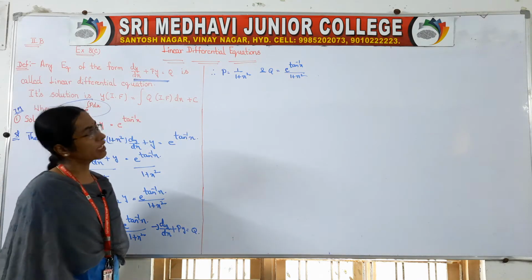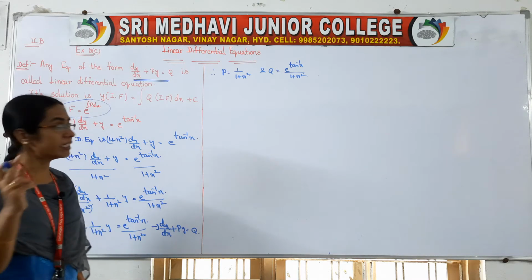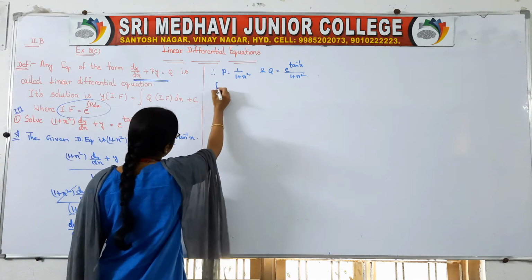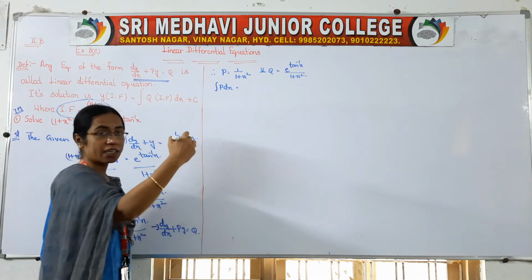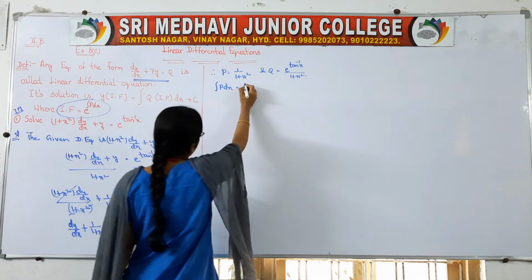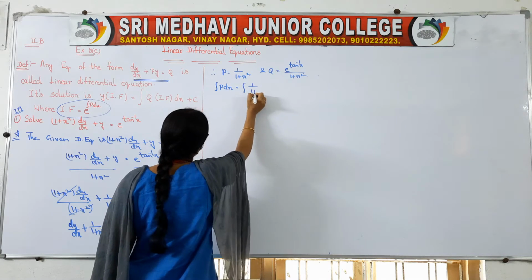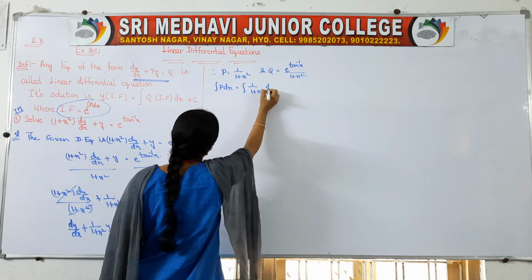Once we got p and q, first you find the integral of p dx so that we can get our integrating factor. So integral 1 by 1 plus x square dx.